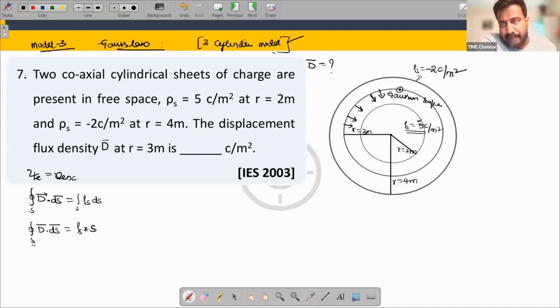Here I will calculate the surface area of the Gaussian surface, rho equal to 3 meter. So D into the lateral surface area of the cylinder of radius rho is 2 pi rho L.